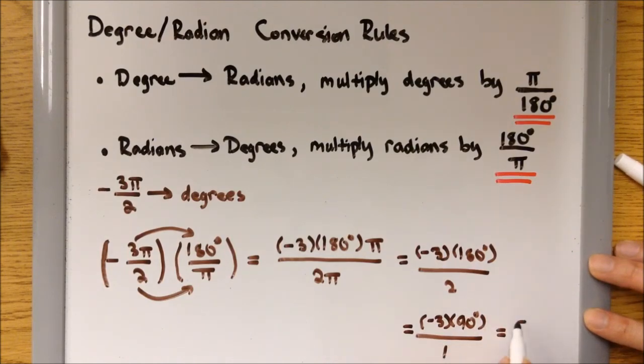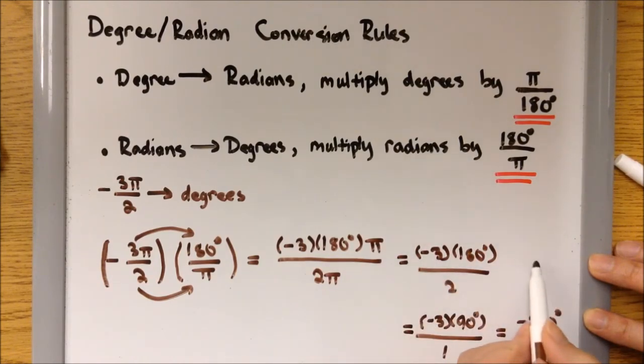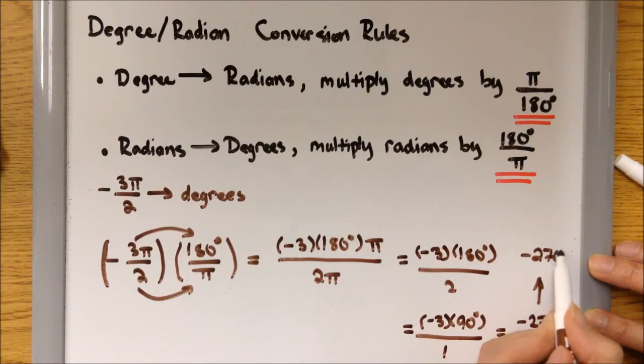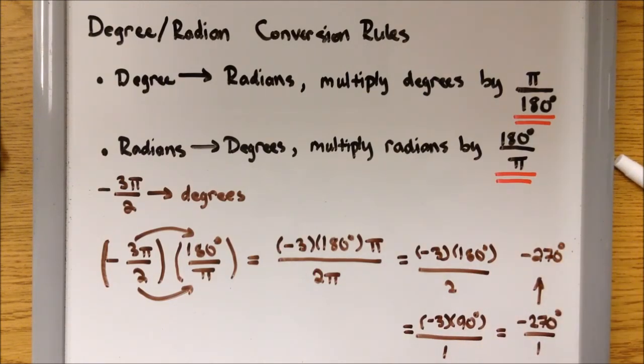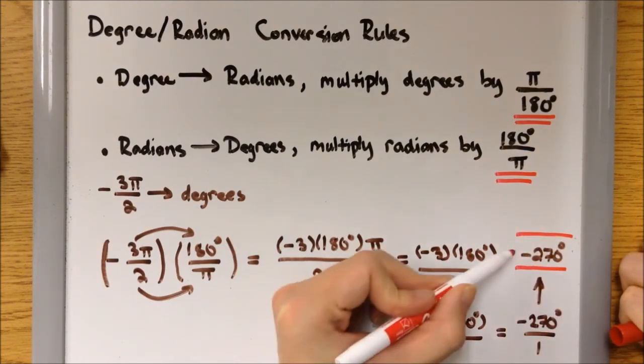So that's going to be negative 270 degrees over 1. And of course, you can't just leave it like that. If it's divided by 1, you're just going to write it as negative 270 degrees. So that's going to be our final answer for this example.